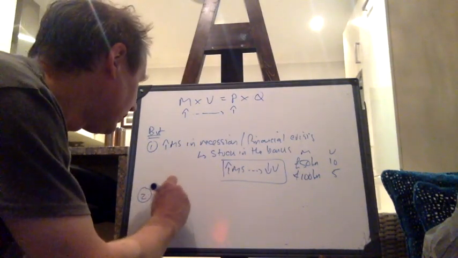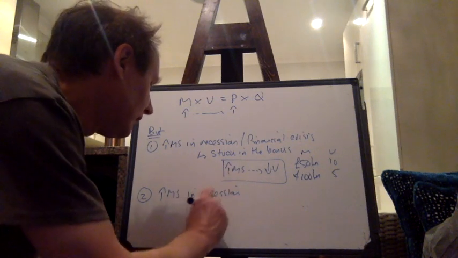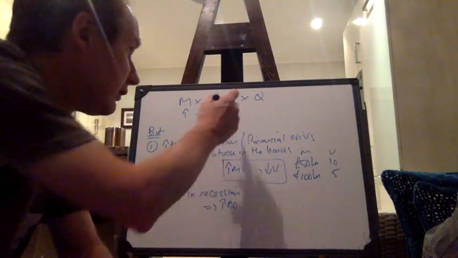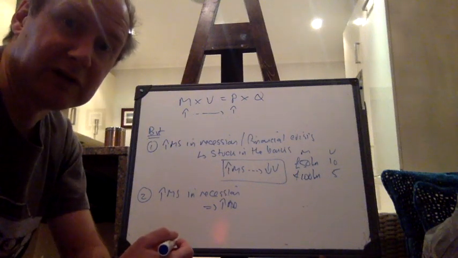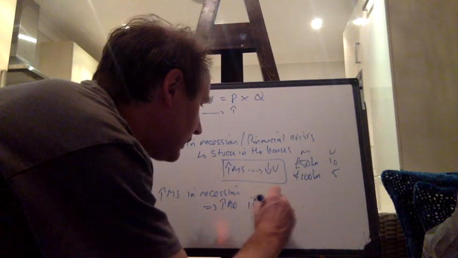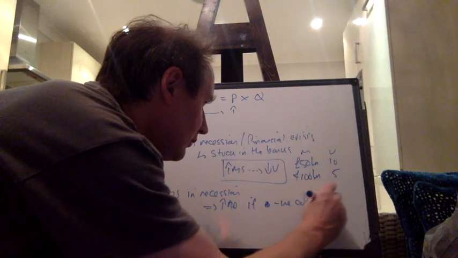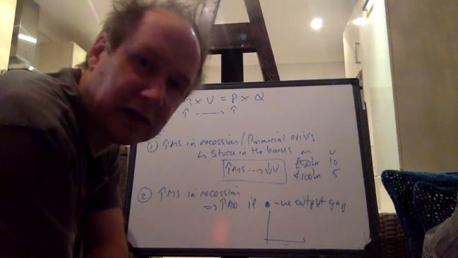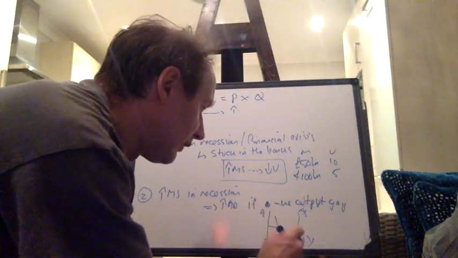The other one, obviously, is we've assumed a neoclassical model here, but in reality, it's entirely possible that an increase in the money supply in recession could increase aggregate demand. But instead of increasing the price level, it could simply lead to an increase in GDP. We can say that if there's a negative output gap, if there's spare capacity in the economy, then we'll end up in some sort of Keynesian scenario, where we've got real GDP here, price level here, and some sort of aggregate supply function like that.